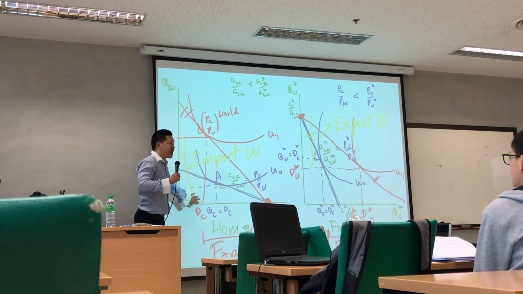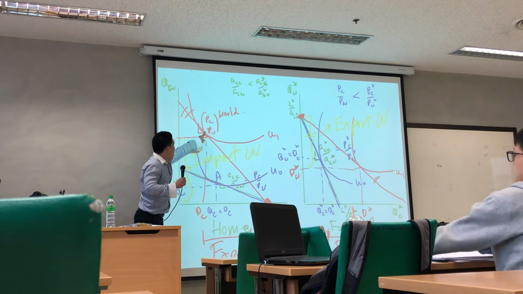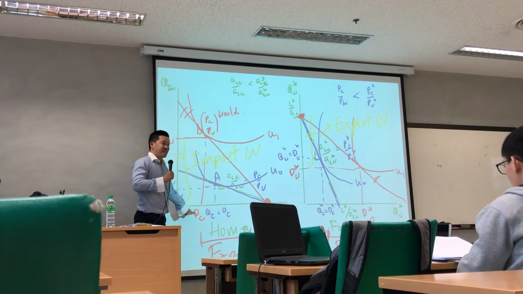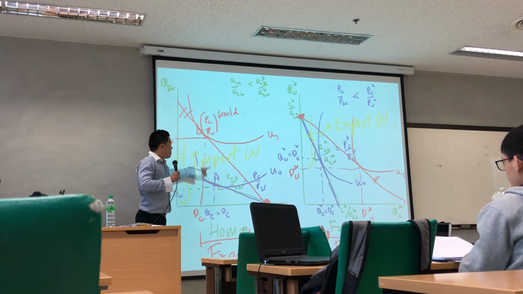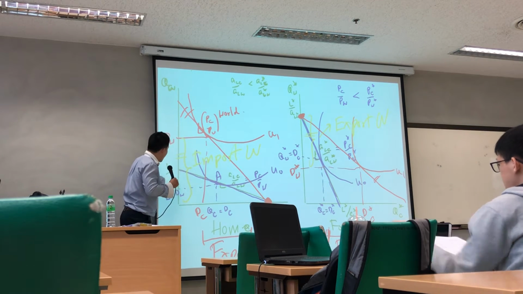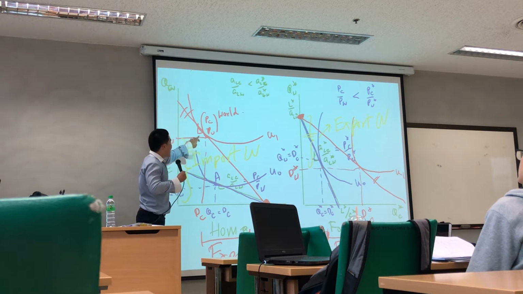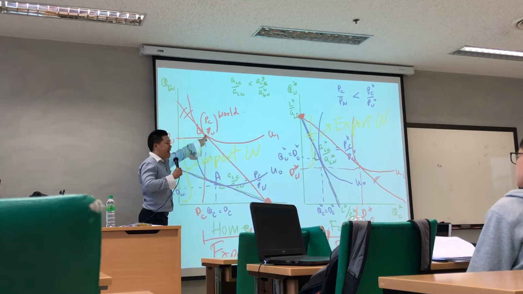How about consumption? The price of cheese increases in home. That's why home consumes less cheese. The price of wine decreases in home, then home consumes more wine. That's why the consumption point is here.